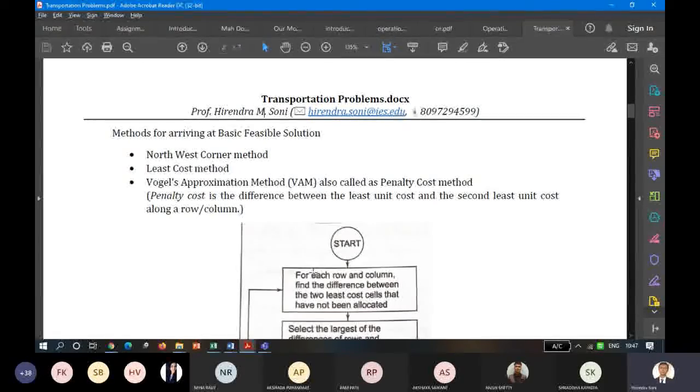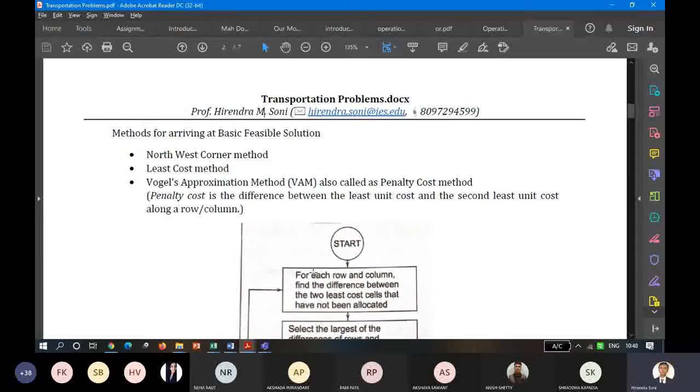So there are multiple methods which can be used for arriving at a basic feasible solution. Some of them are called northwest corner method, least cost method, Vogel's approximation method, and fourth is my method. My method means every individual's method, his way, his whims and fancies.